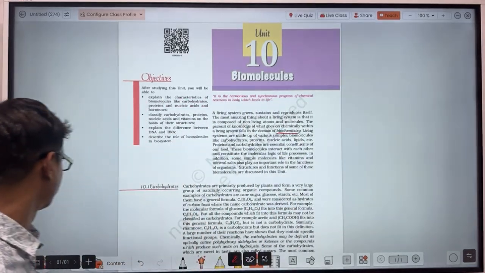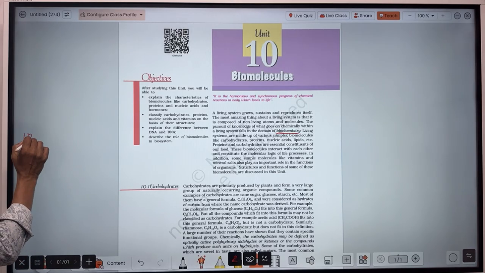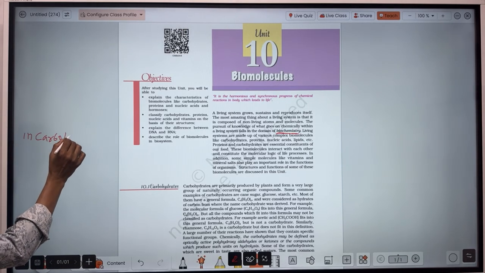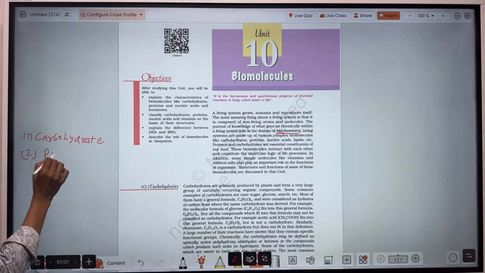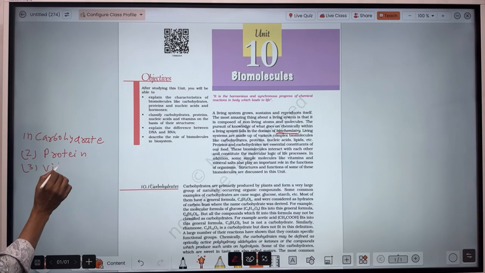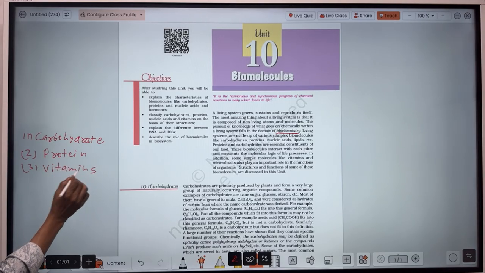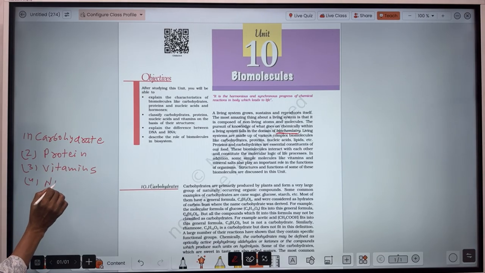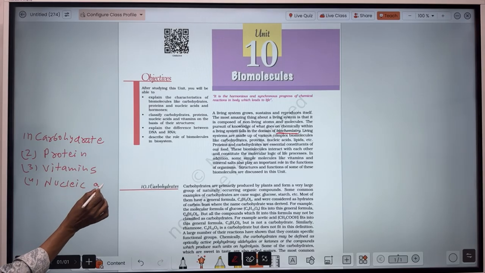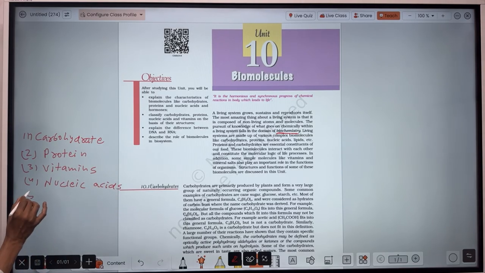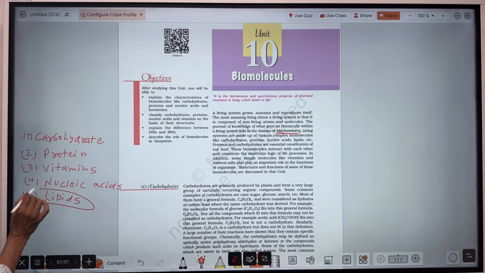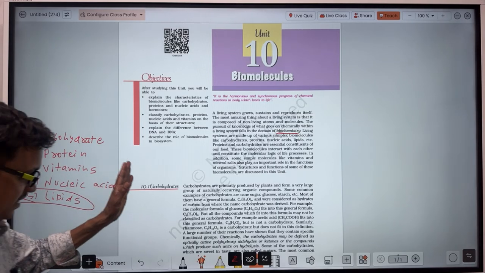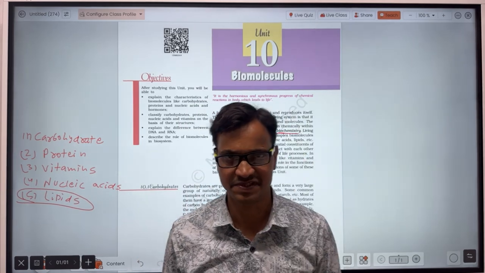So here biomolecules include carbohydrates, proteins, vitamins, nucleic acids, and lipids. About lipids, you will not have to study. Lipids are not in your syllabus.